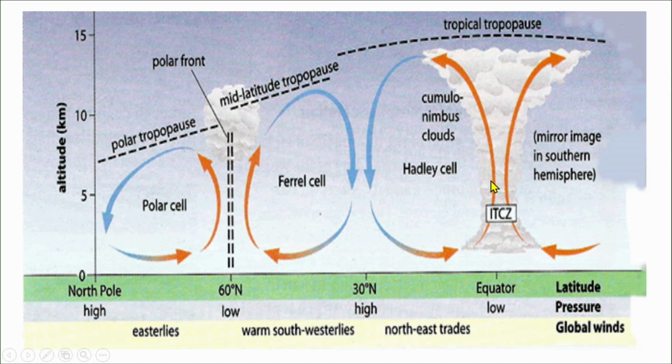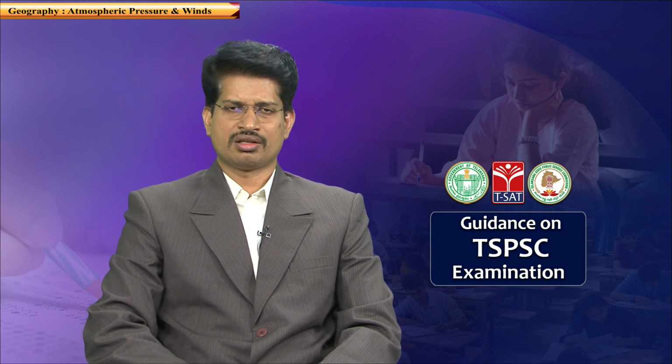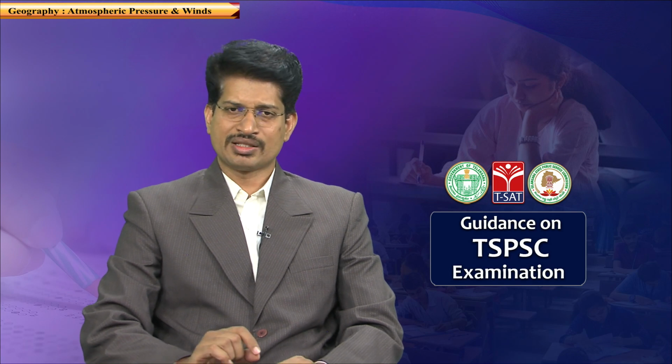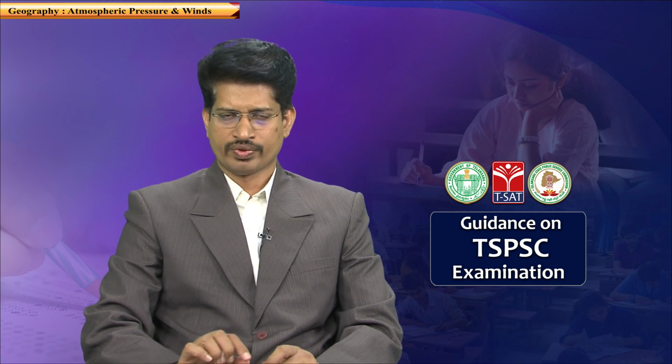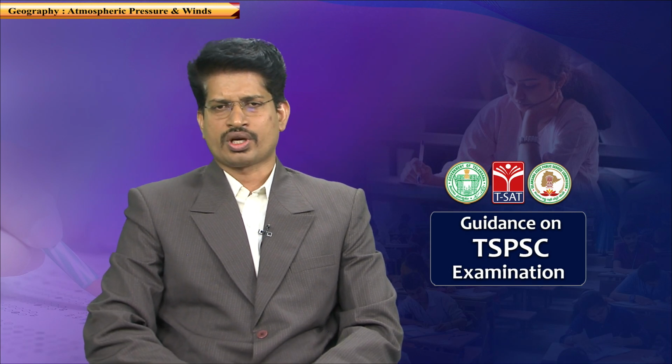So, the intertropical convergence zone always follows the thermal equator. Thermal equator is a line joining points on the surface of the earth which receive the maximum amount of solar energy, meaning the highest temperature.